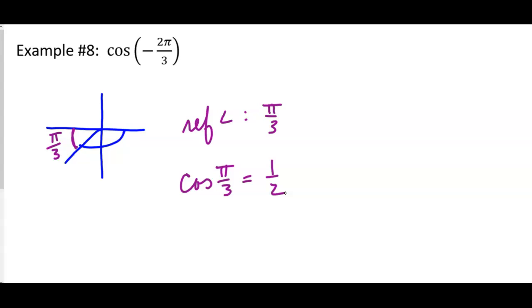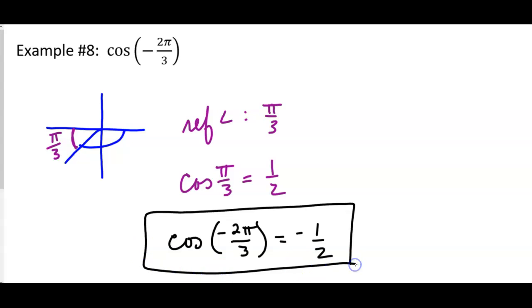Okay, but I'm in the third quadrant, right? So it's going to be negative over there, and so I'm going to need this to be a negative 1/2. So I'm going to say the cosine of negative 2 pi over 3 is going to equal negative 1/2. And that would be it. So lots of different tools that we use, but that's just a few examples to help you.